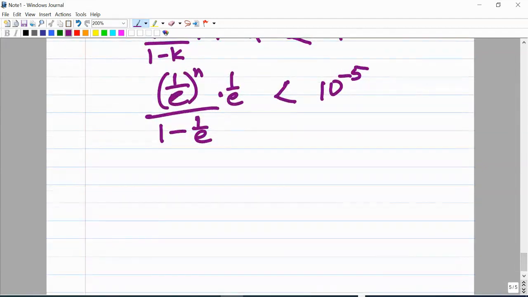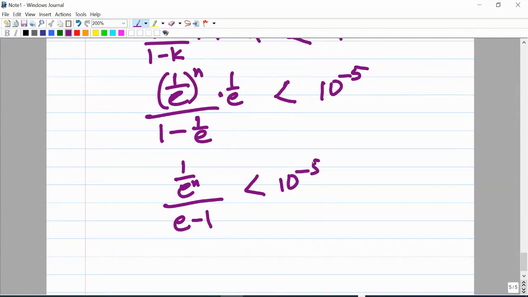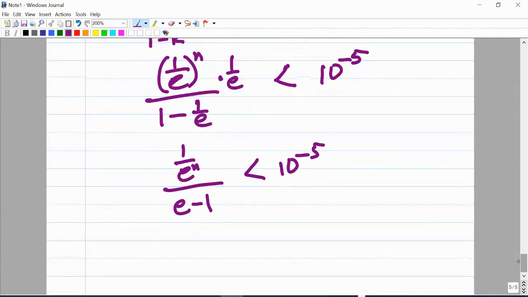Okay, so let's see what it gives us. Here you will have 1 over e to the power n over e minus 1 is less than 10 to the power minus 5. Can you confirm that that's correct?